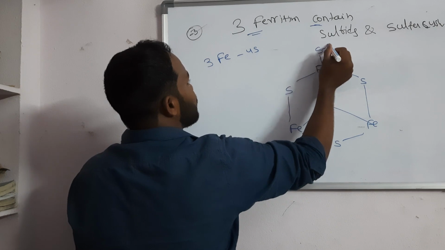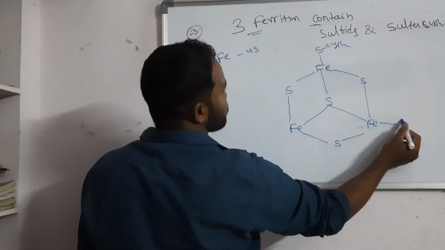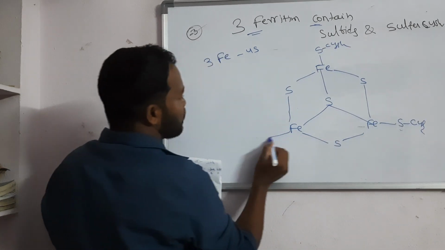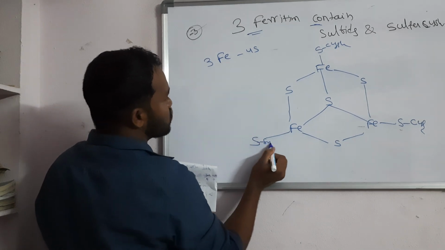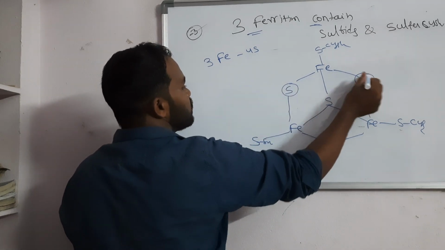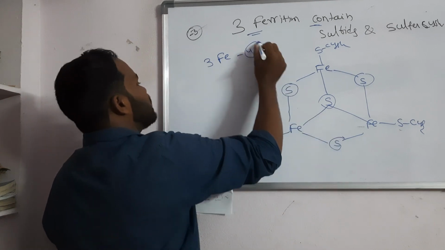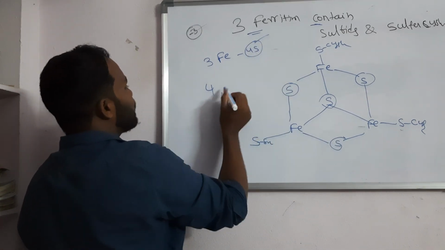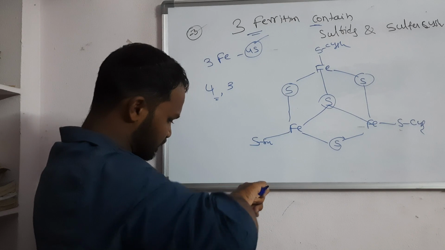Every iron contains sulfur of cysteine. So here sulfides are 1, 2, 3, 4. It directly represents 4S. So the answer is 4, 3. This is the correct option.